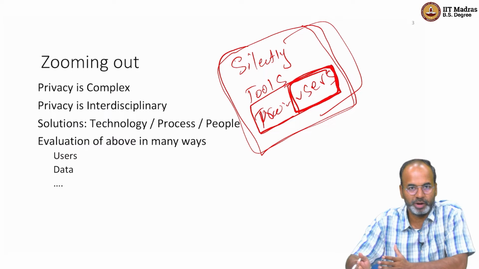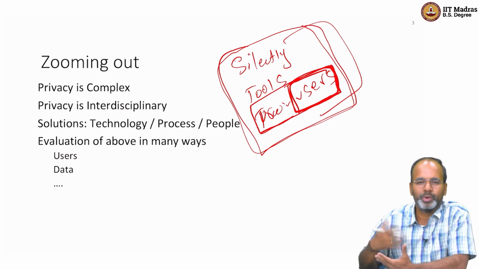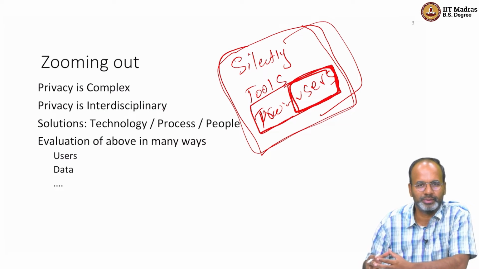So privacy is complex. I'm sure by now you would have realized that it's very hard to define privacy. These are typical points from the slides, but it's also very complex. By now you would have realized how privacy is so very connected to our day-to-day life in different forms.